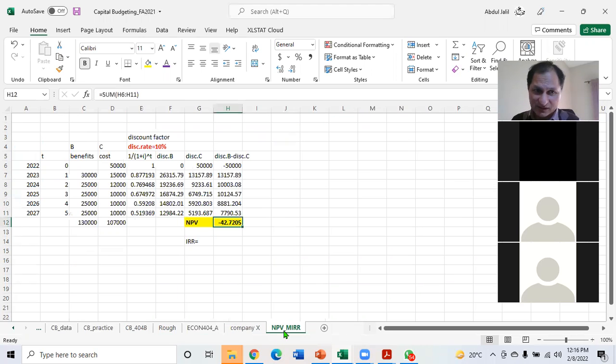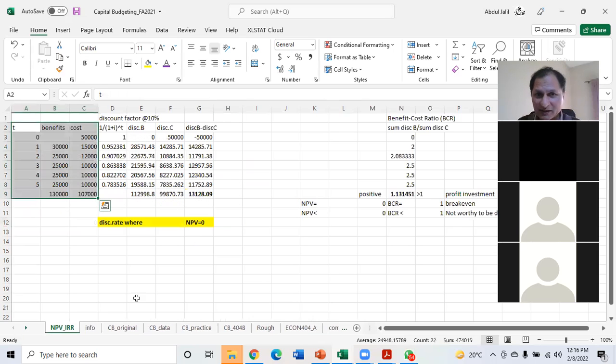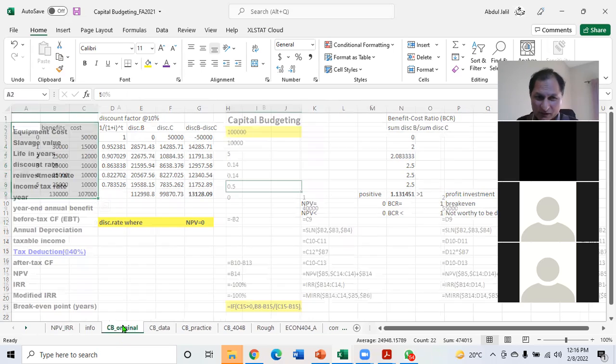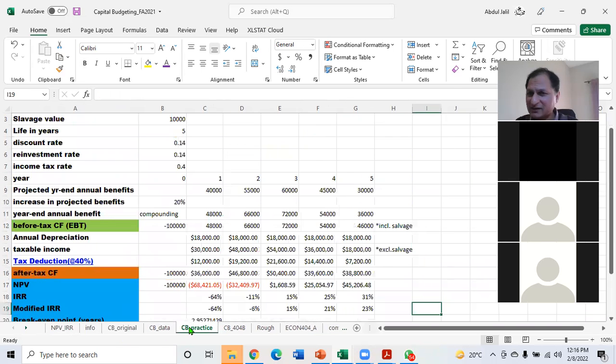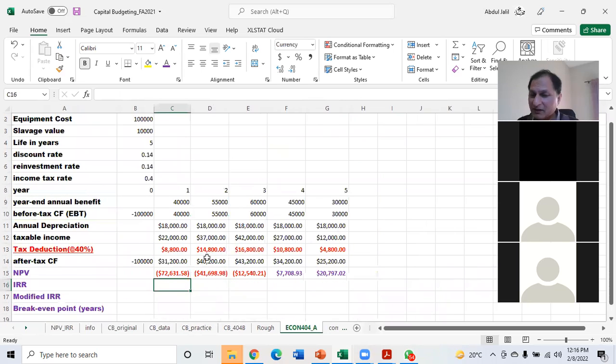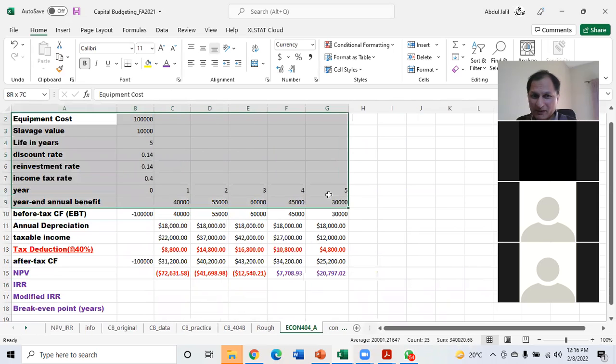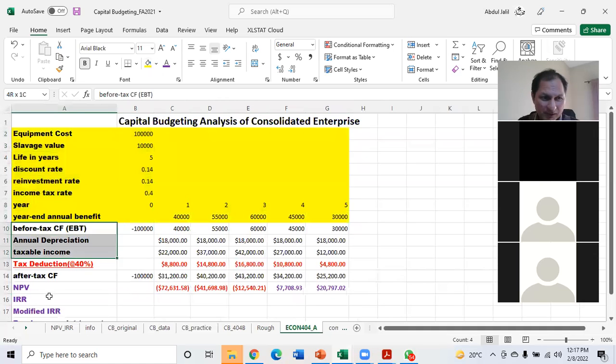This sheet is created through that sheet, so you can use it to understand how things are calculated. You can observe the formula sheet and so on. The original sheet and data sheet are there. All these data sheets are the same, so no worry about it. You can copy from any sheet, no issue, but you have to do it by yourself after copying the basic data. So this data is copied. If I color it, let's suppose I make it yellow, all the values you have to copy.